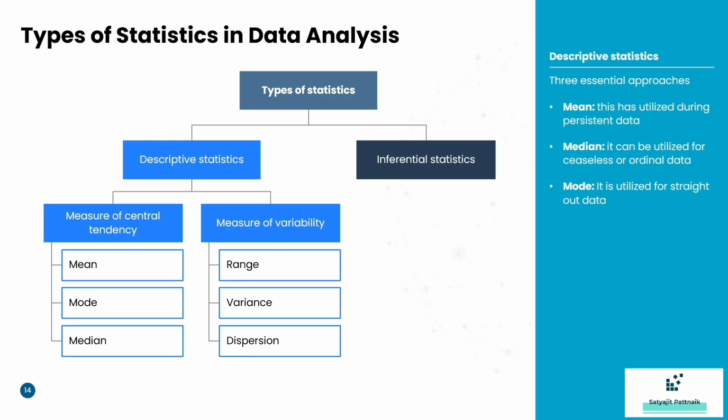As you can see on the screen, the different types of statistics in data analysis are descriptive statistics and inferential statistics. What are certain topics that we are going to cover in the future? Under descriptive statistics, there are two major concepts: measures of central tendency, which basically means mean, mode, and median, and measures of variability, where we will study ranges, variance, dispersion, and all those things.